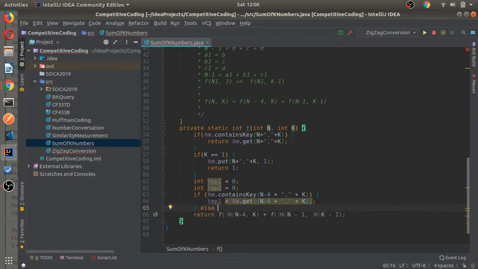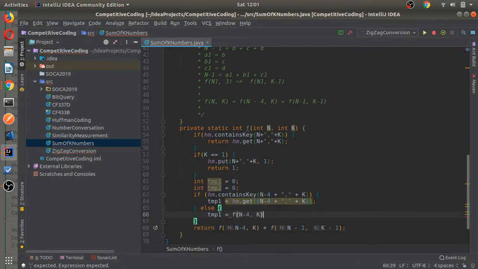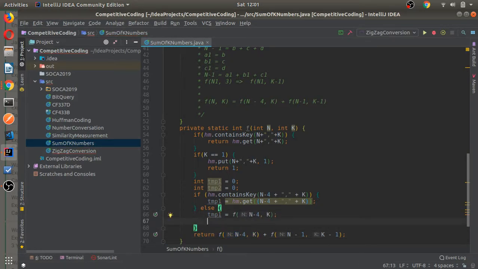Else temp 1 is equal to f of this, and hm dot put the key comma temp 1.